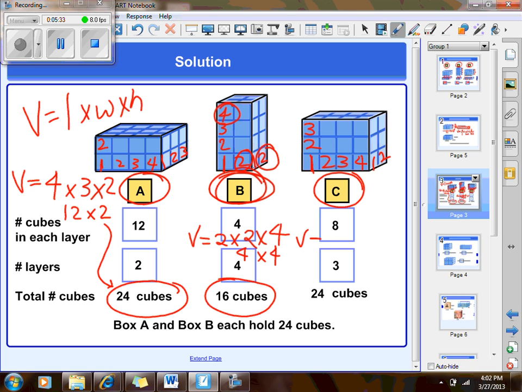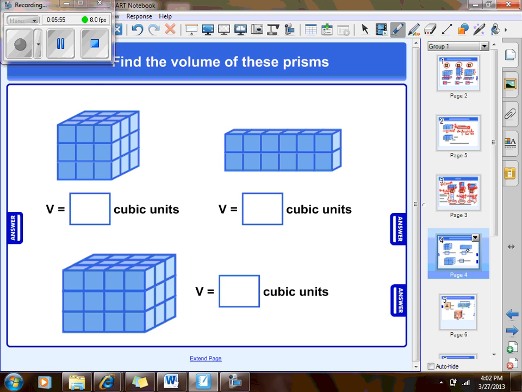My volume is length of 4 times width of 2 times height of 3. 4 times 2 is 8. 8 times 3 is 24 cubes. Practice yourself. Pause me now and work on these and see if you can come up with the correct answers.